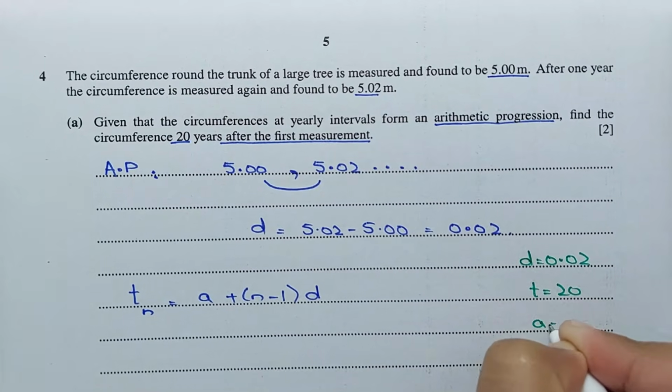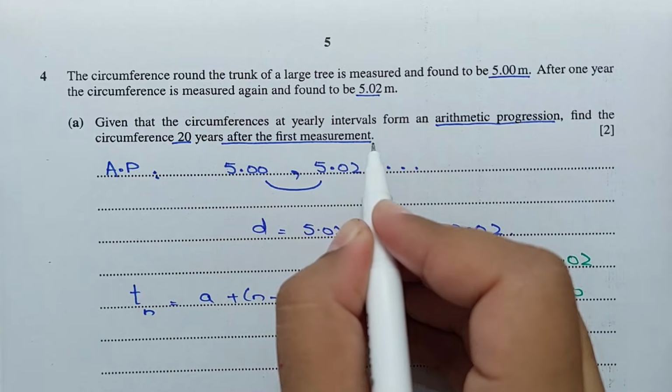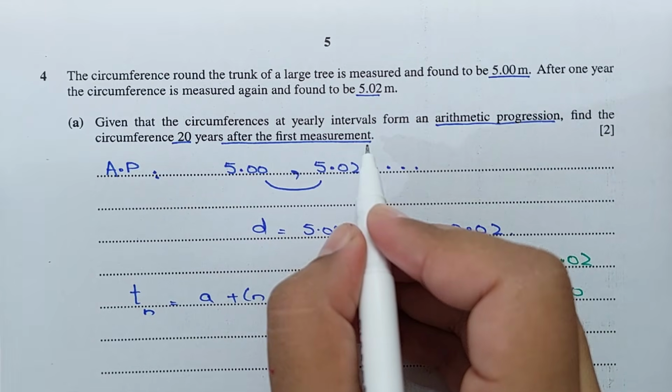Now what is the a value after the first measurement? What is the first measurement?